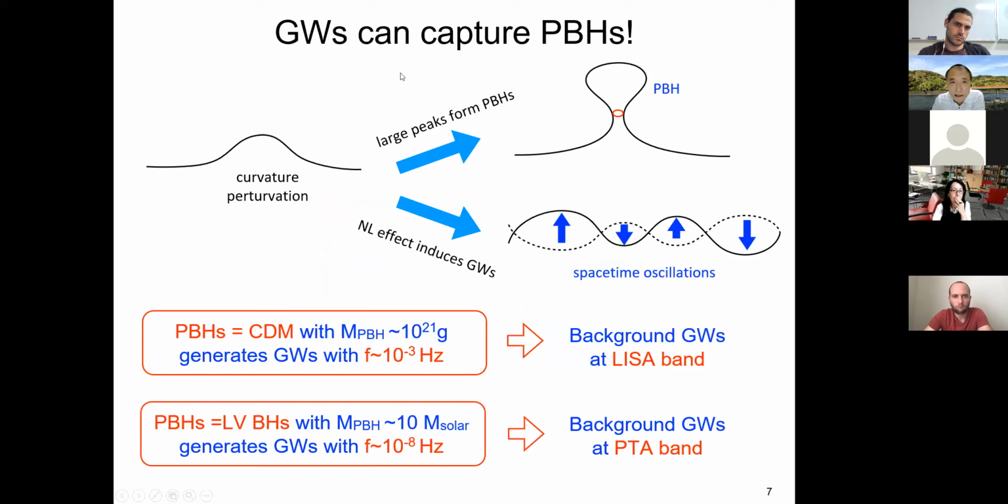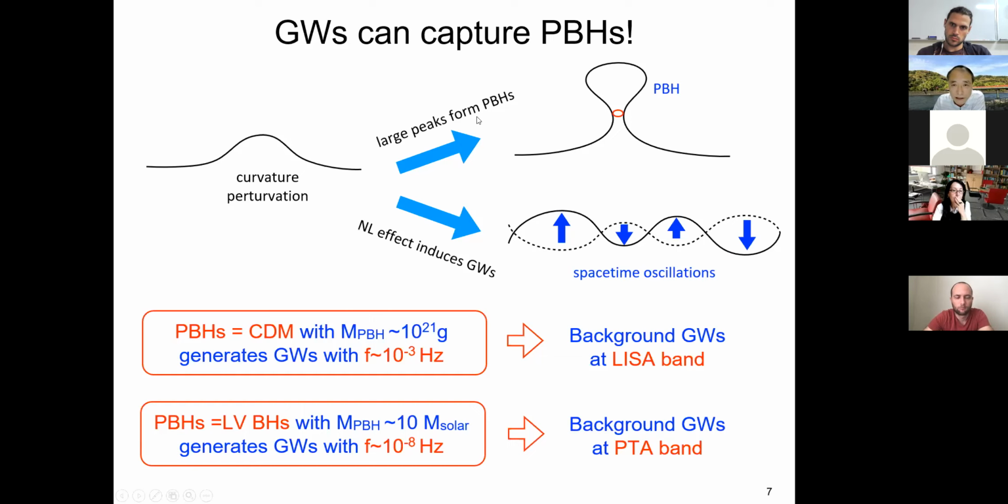These can actually be tested by gravitational waves. Of course, you may have those binary black hole mergers, but apart from that, the very reason why those primordial black holes were formed in the very early universe is that you have some large curvature fluctuations.